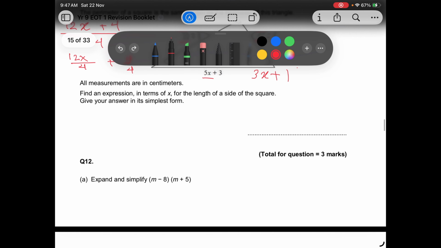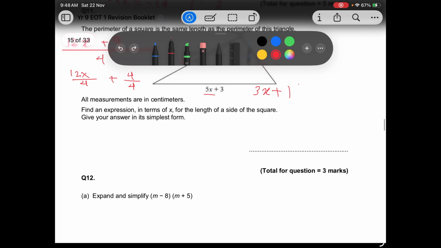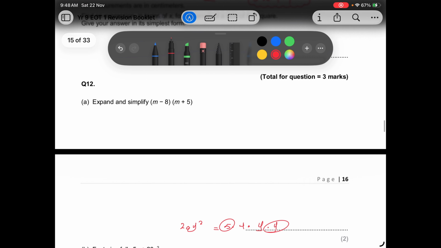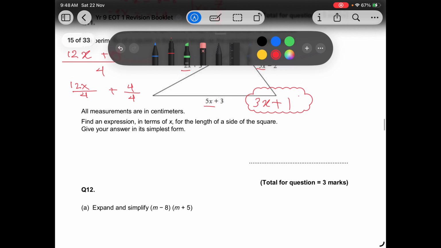Okay, guys. Okay, this is the answer in simplest form indeed, as you see here, students. That's it. Okay. Next. What I have next here is to expand. Now the level of complexity is not the same.